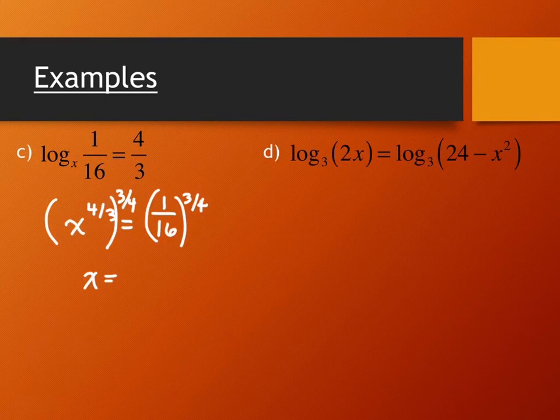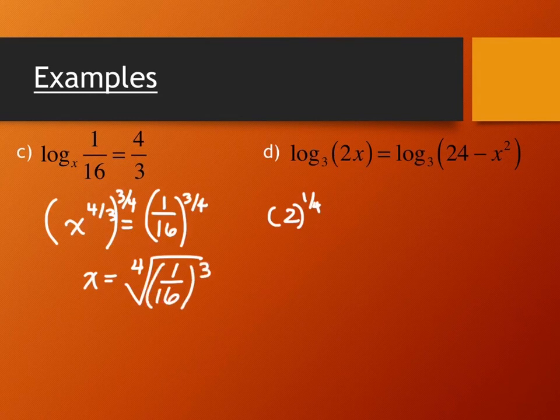What if I just had, let me just do this right now, what would 2 to the 1/4, what would I do? It'd be a 4th root, right? I mean, the 4 in that denominator is a root. So I'm going to actually rewrite this with roots and exponents. So the 4 is the 4th root of the 1/16, and it has an exponent of 3. We've done that before, but it's been a while, I know.